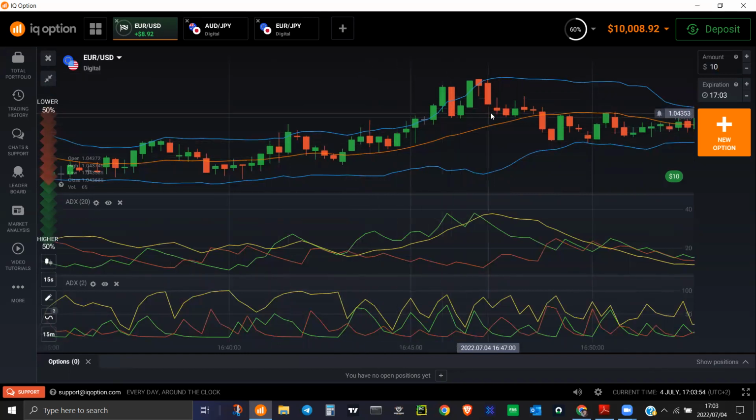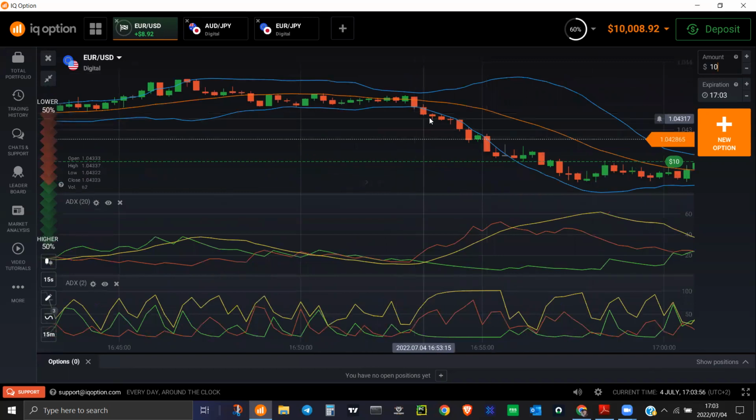Here it would have won as well. But here it would lose, right? So your strategy needs to tell you that, even though the candles are outside, that doesn't mean I should enter. You should have some indicators to filter out the bad trades.